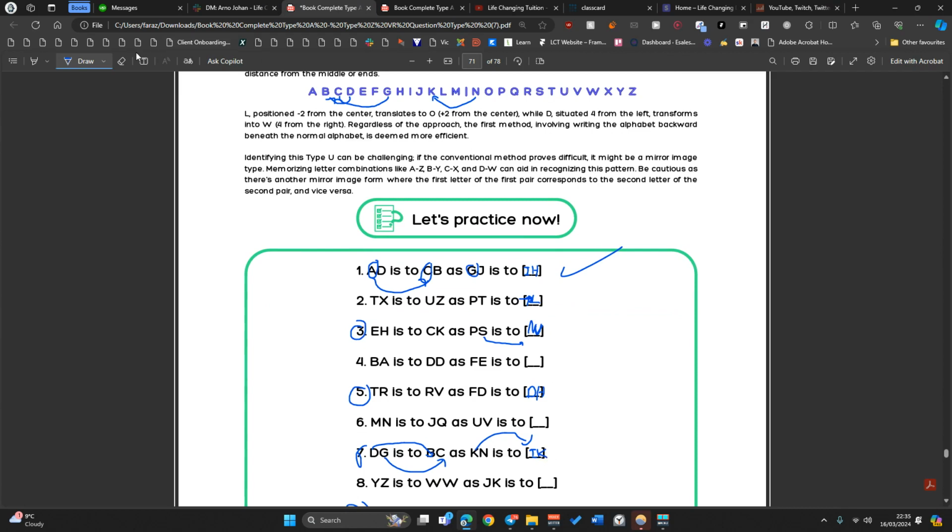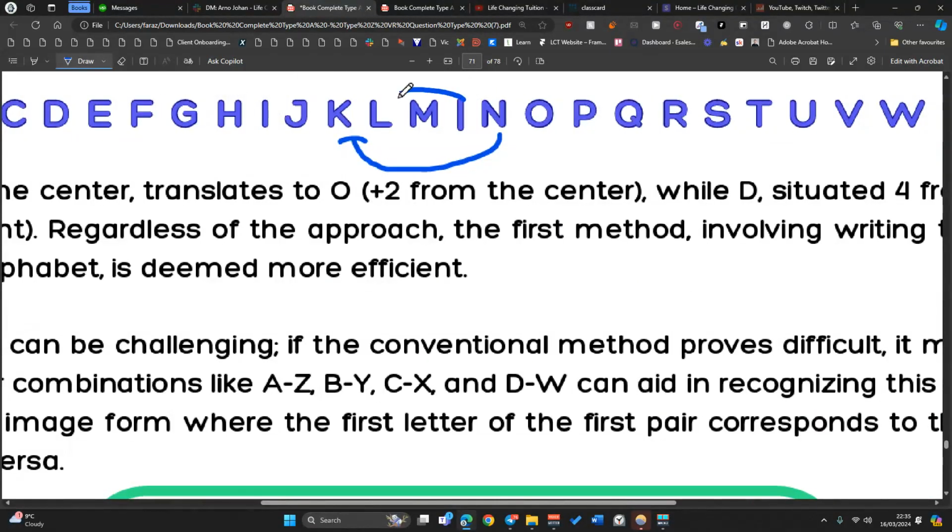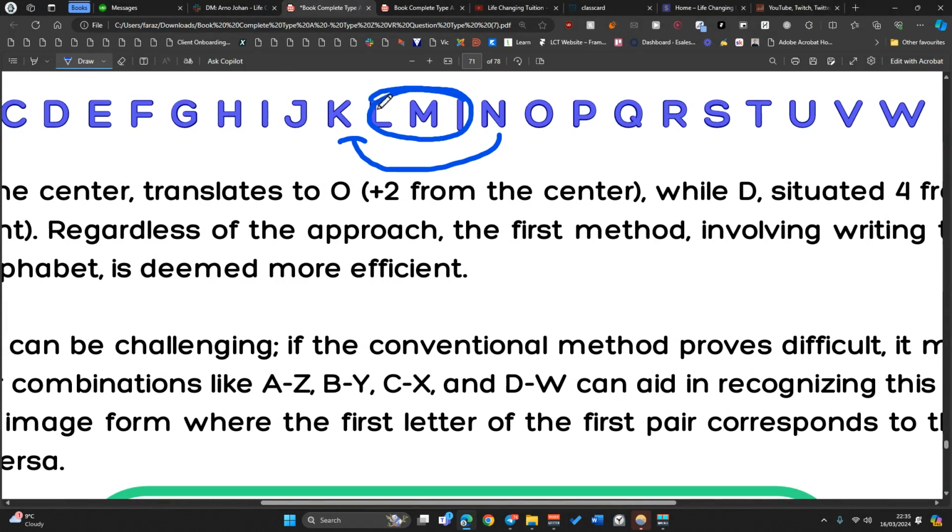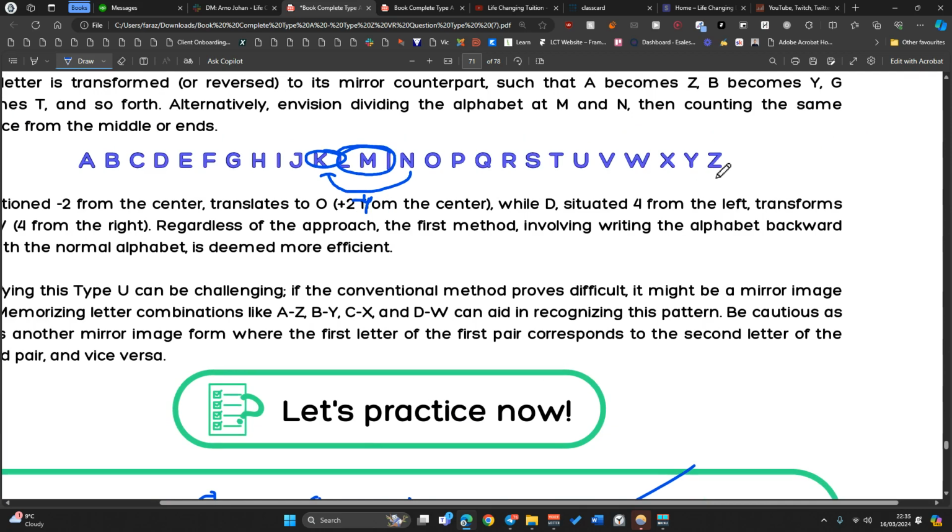And what I like to do when I'm looking at how many minus it is or how many plus, obviously do the arrow, because that really helps. But instead of having to count it, you can just look at how many letters are in the middle. So you can see 3 letters are here. That means the difference, if we're adding in the last one, is going to be -4, right? You can practice that as well. So you can draw an arrow from here to here and try and figure out very quickly how many letters are in between.